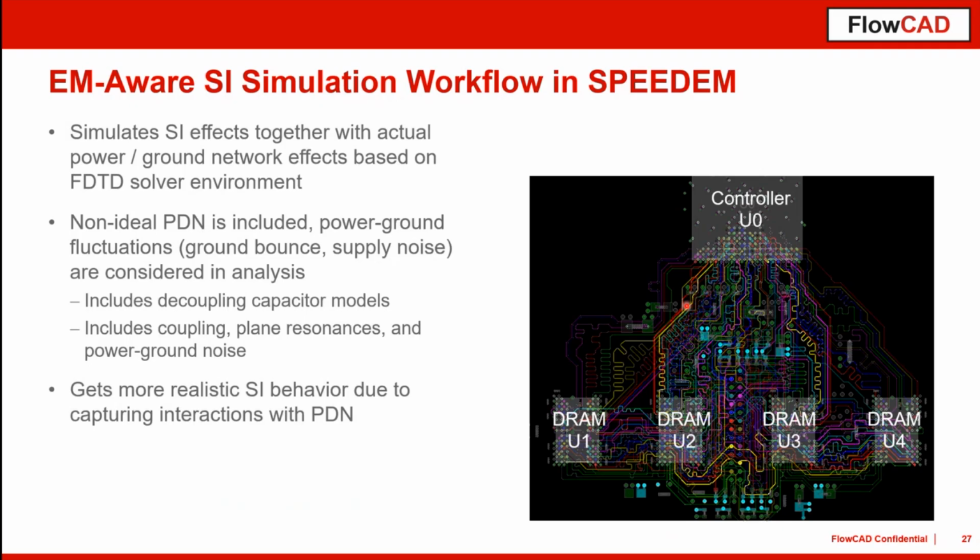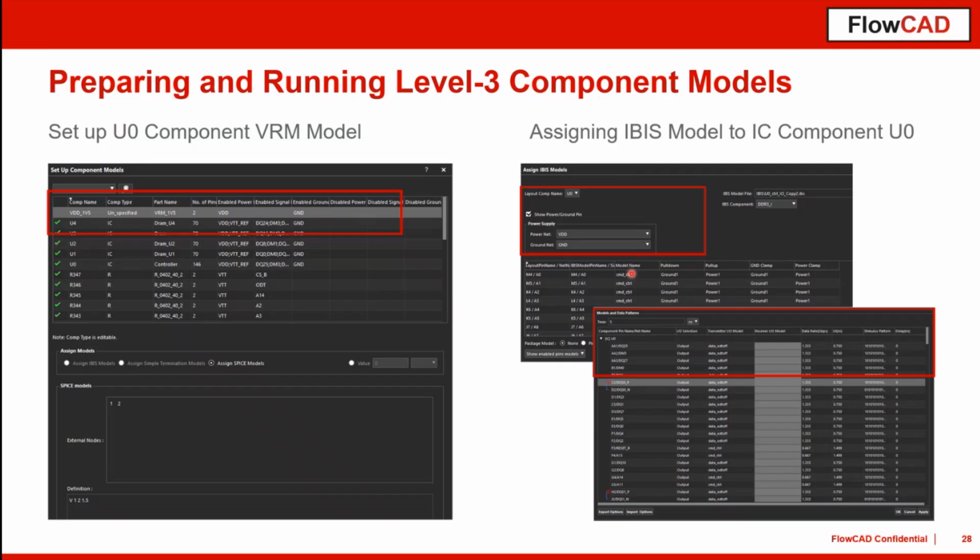With this simulation, you simulate directly on the layout using the FDTD engine, which avoids some of the approximation errors introduced when you reduce models. Since we have all effects included in our simulation, we get very accurate results that include ground bounce, power supply noise, and simultaneous switching noise effects.